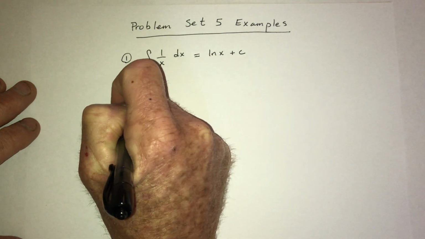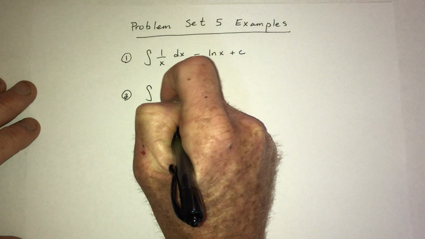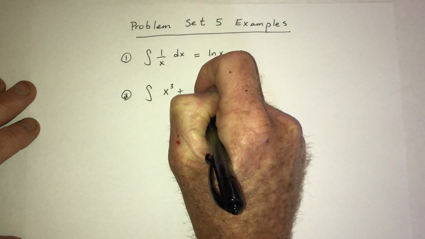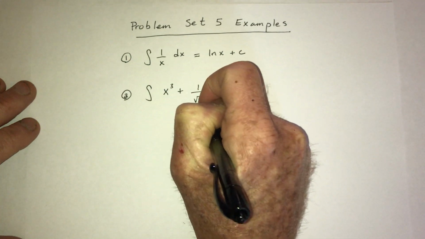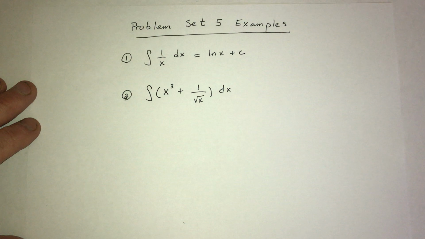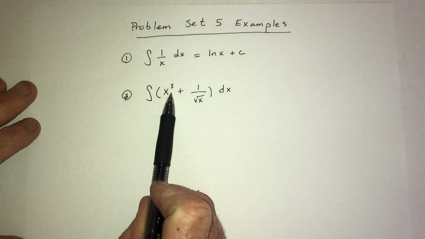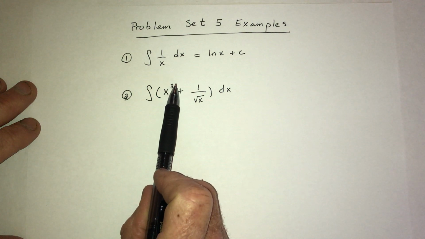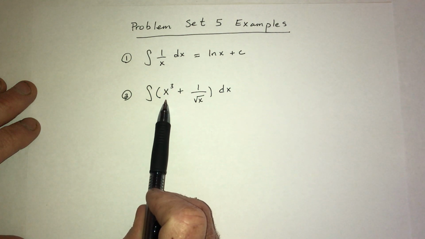Another type of integral is basically using the power rule. So here we go. So with this one, I can find the antiderivative by adding 1 to the exponent, so that's going to be x to the 4th, and then divide by 4.